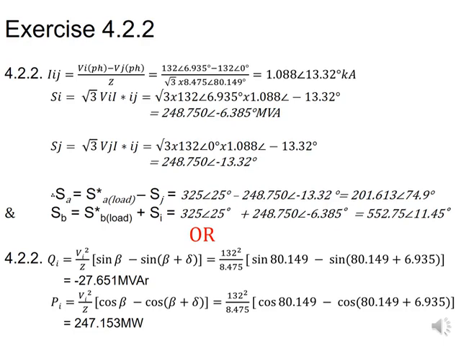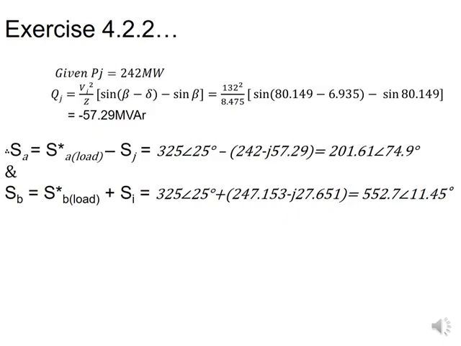You get your answers and those will lead you to what SI is, and you can do the same for your QJ, PJ, and then work out what that SJ is from those two as well. So irrespective of how you do the calculation, at the end of the day, you are still going to come up with the same answers for your SA total as well as your SB total.